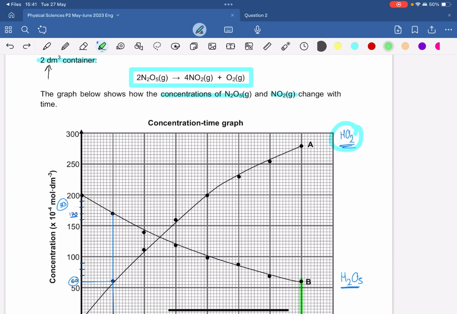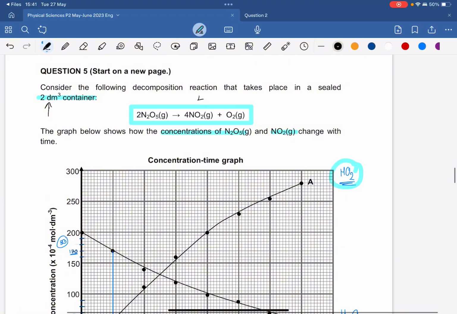From this balanced equation, there is a 4:1 ratio. We're going to use that ratio to figure out the rate of the oxygen gas. First we get the rate of reaction for NO2, then we use the stoichiometric ratio to get the rate of the O2 gas. So let's see how that is in practice.